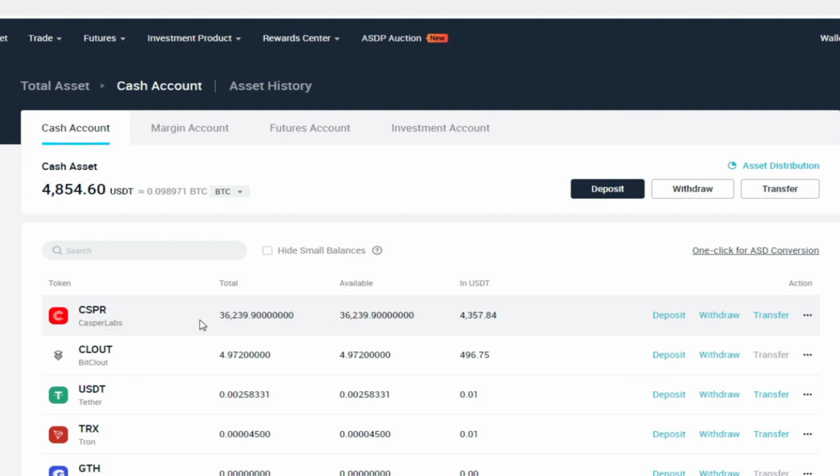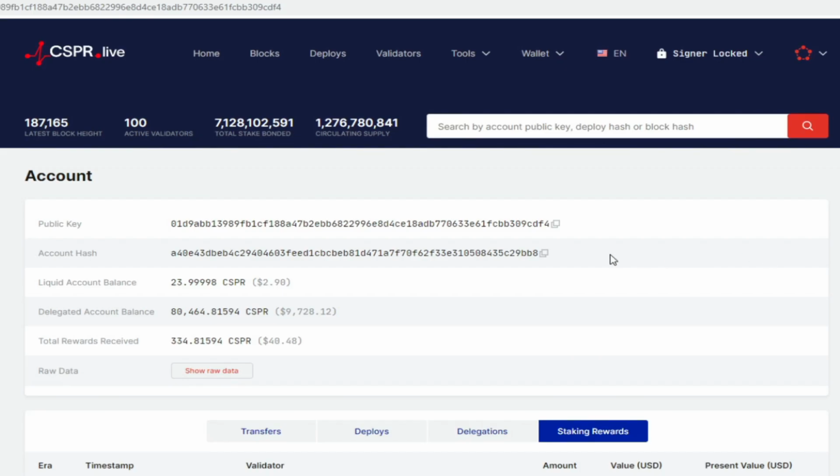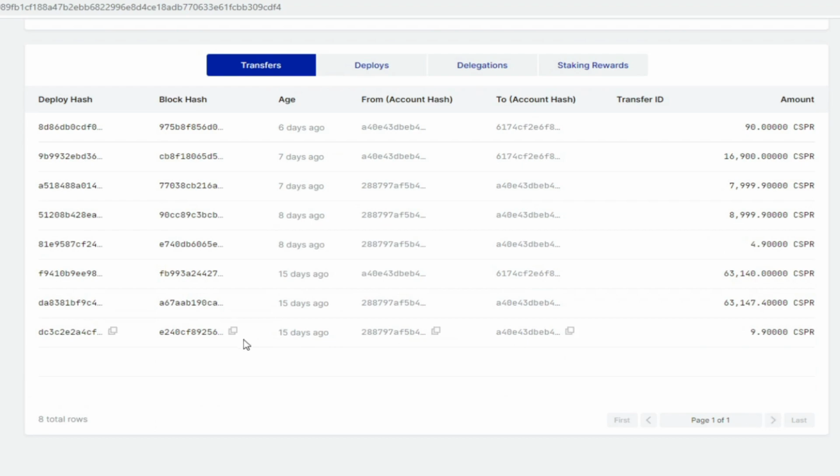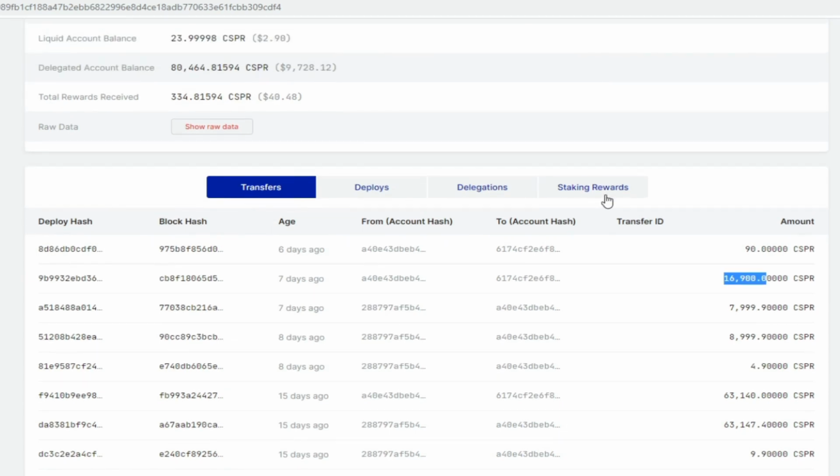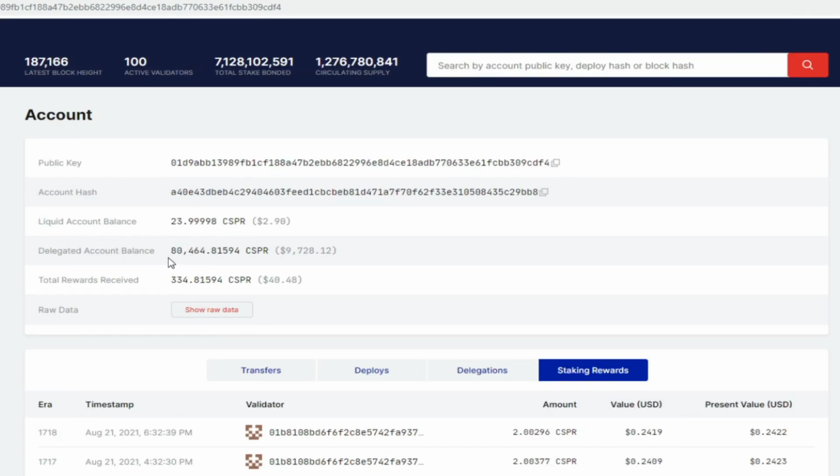I'm trading with 36,000 Casper. I'm gonna trade them, and I'm looking to accumulate as much as I can, guys, and put for stake, because right now staking is about 12% APY, which as you can see over here, I started, let me show you, I started 15 days ago with 63,000 Casper, and then I staked more, about 9,000 Casper more, 8,000 Casper more, 16,000 Casper more, and now I have 80,000 Casper staked.